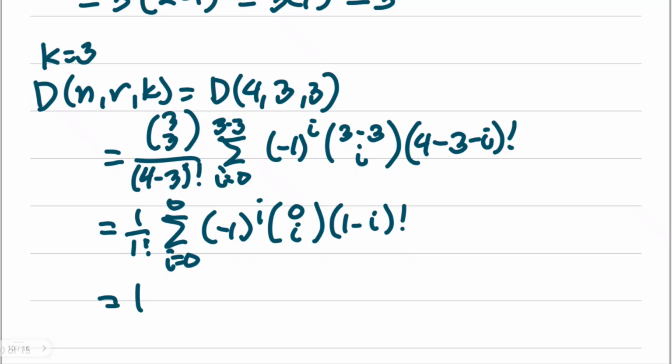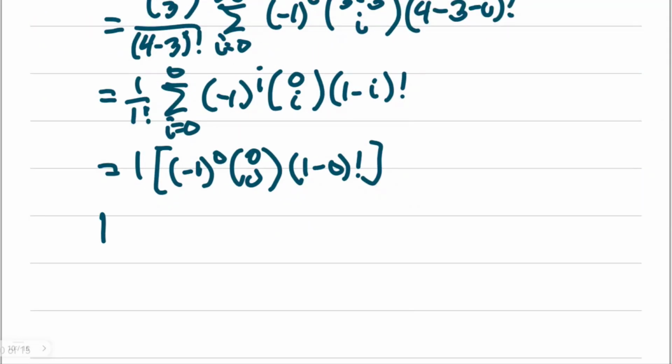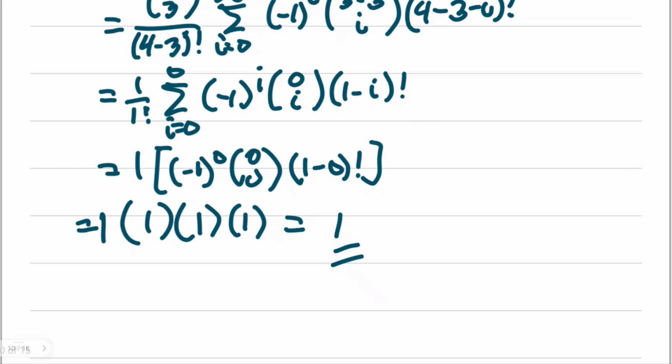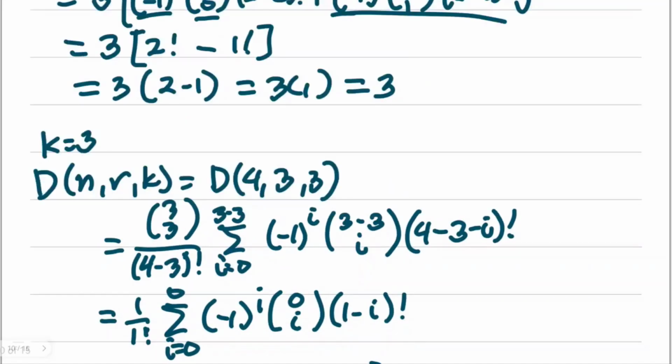Again, that's 1 times, for the expansion until 0 alone, negative 1 raised to 0, 0 combination 0, 1 minus 0 factorial, which gives us 1 times 1 times 1 times 1 factorial, which is also equal to 1, so 1. This tells us there's only one 3 permutation of n equals 4 for this specific situation.